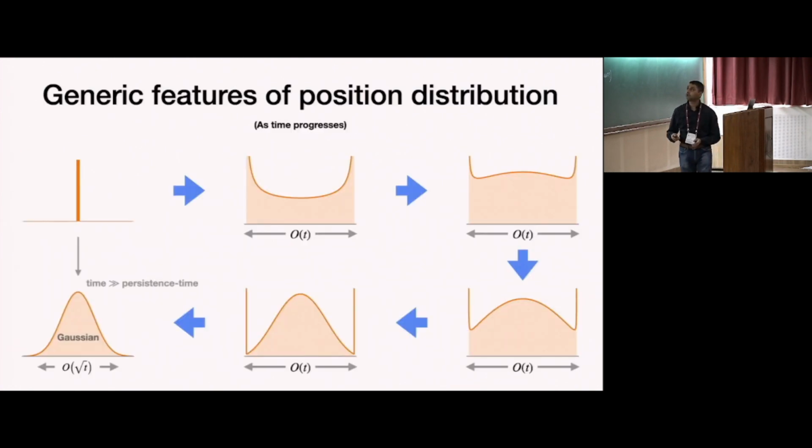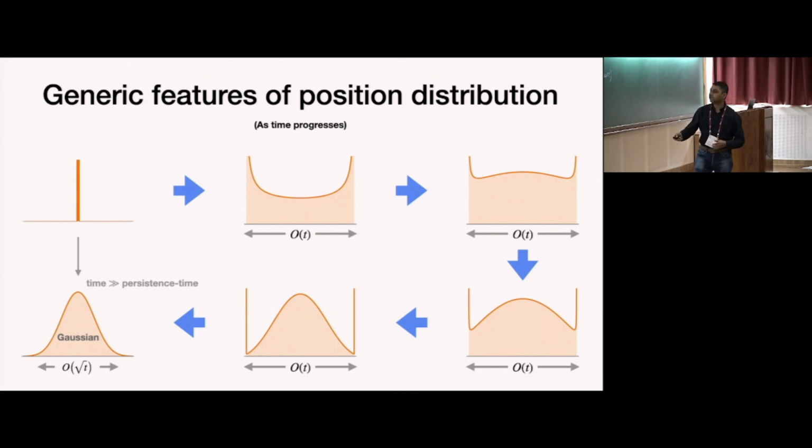For example, if you look at the position distribution in free space for a single particle, you start with a delta function and see how it evolves. Initially there is a peak at the boundary because of the persistent motion, so it goes away from where it started, and then it turns back, and this distribution changes.